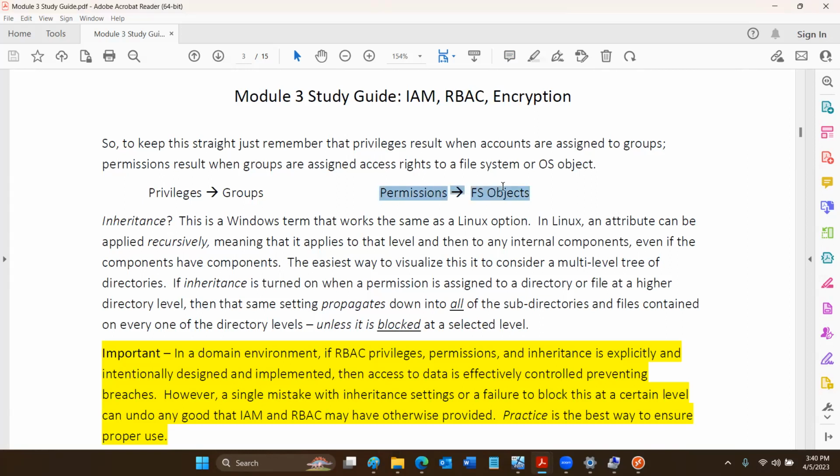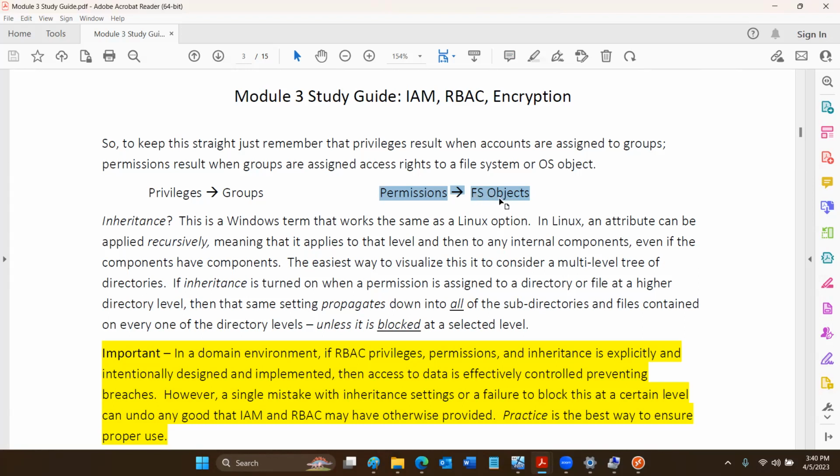When you hear the word permissions, a lot of people make a huge mistake. They associate permissions with a user. But permission assignments are not associated with a user. I mean, in a manner of speaking they are, but permissions are an attribute of file system objects.